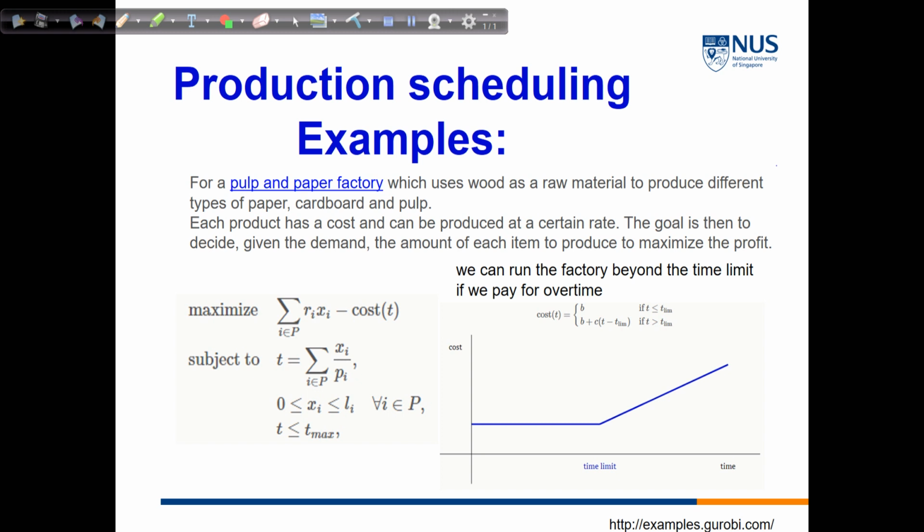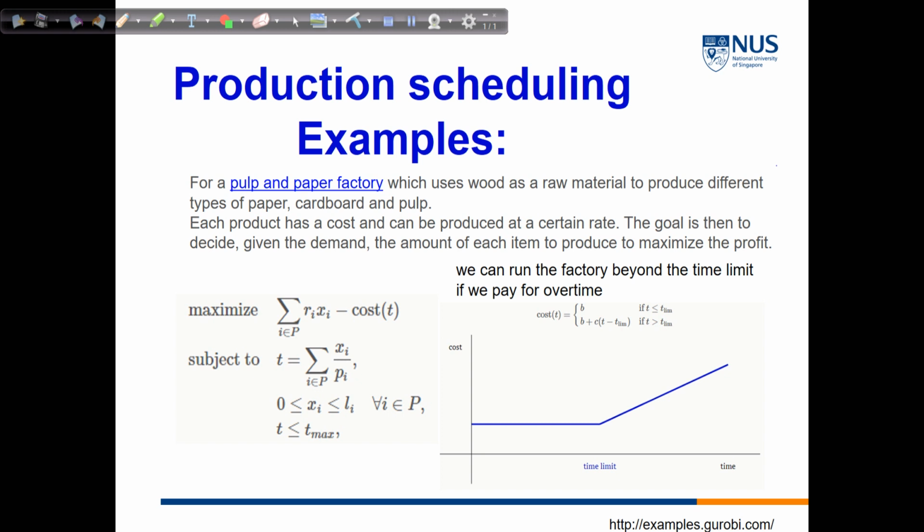Each product has a cost and can be produced at a certain rate. So it's important to read the problem statement and convert these words to a mathematical representation, the symbols, parameters, and variables you will use in the optimization. Okay, let's read it first.